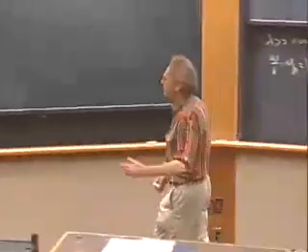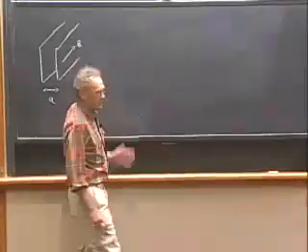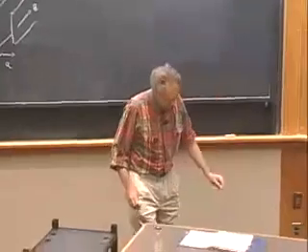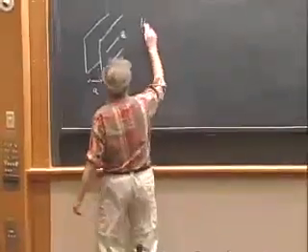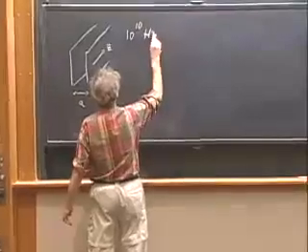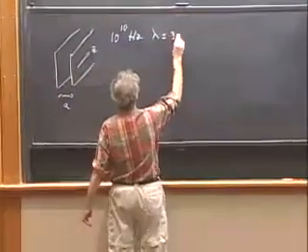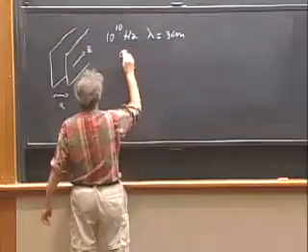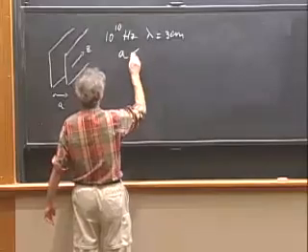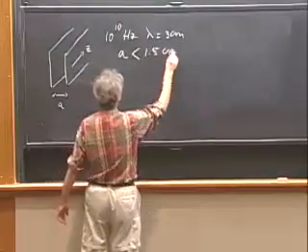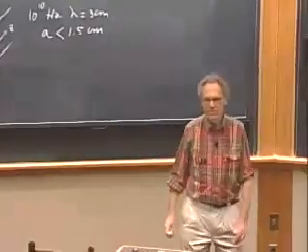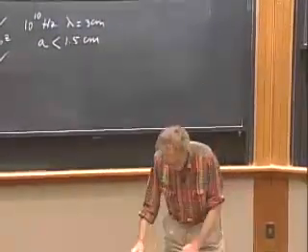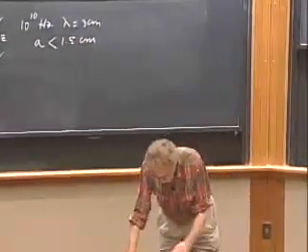And so we're going to send it from here to the other end. The wavelength, lambda, is 3 centimeters, so this is 10 to the 10 hertz. So lambda is 3 centimeters. When a is less than 1.5 centimeters, radar cannot go through anymore. If it's larger than 1.5 centimeters, it can, and I will demonstrate that.